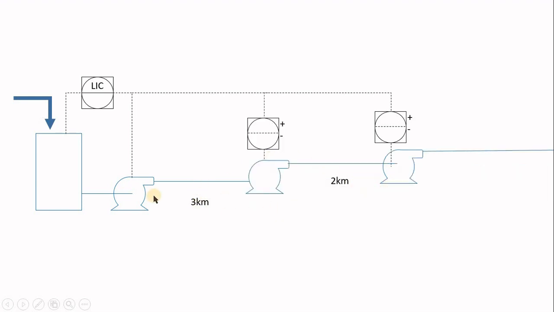Exactly the same problem occurs when we have 3 or more pumps on the same pipeline. And furthermore, we have another problem. Some pipelines are designed so that if one pump fails, the next pump will have the capacity and the power to push the fluid from the suction pressure through to the following pump.